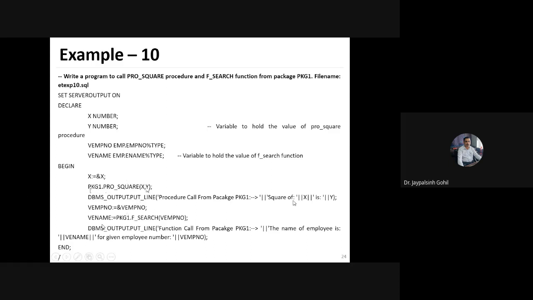Similarly, to call the fsearch function, I have to prefix the package name because it is part of the package: pkg1 dot fsearch and the employee number given by the user, and finally it will show me the name of the employee for the given employee number.